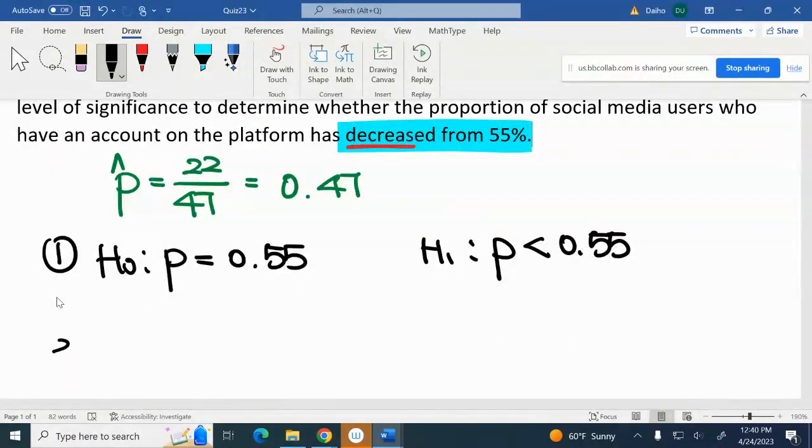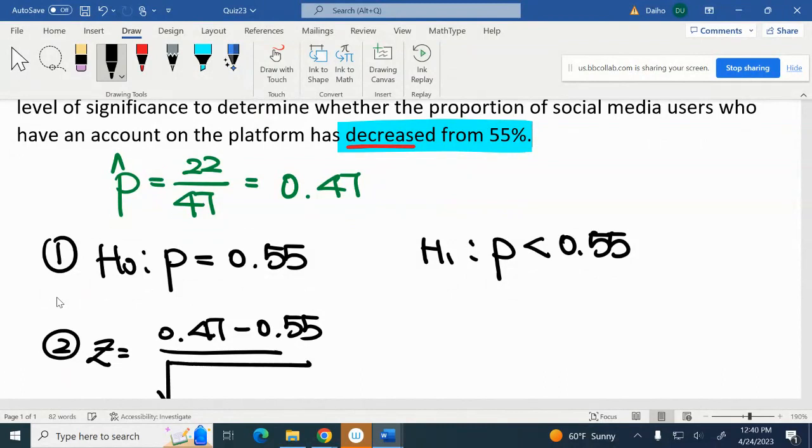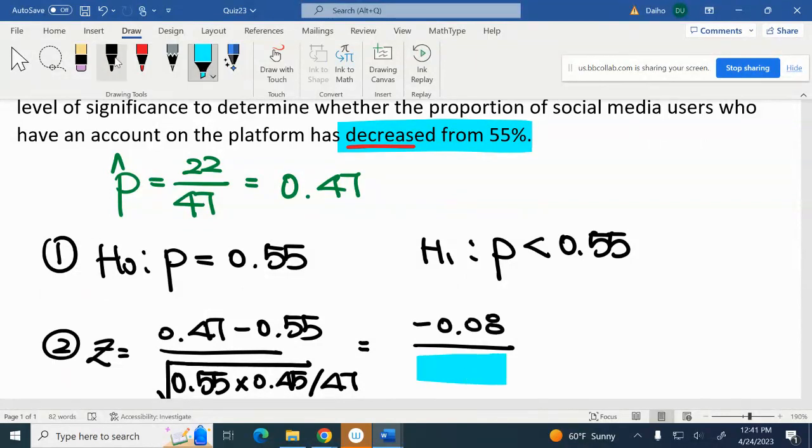Now the test statistic must be 0.47 minus 0.55, over the square root of 0.55 times 0.45 over 47. The difference will be negative 0.08, and you take the square root in the denominator and get the negative test statistic.